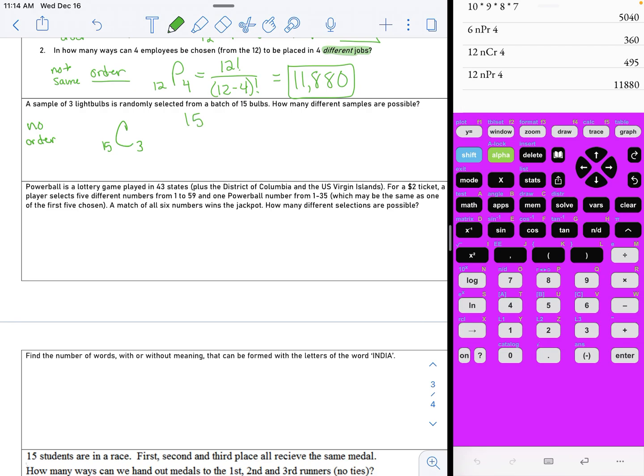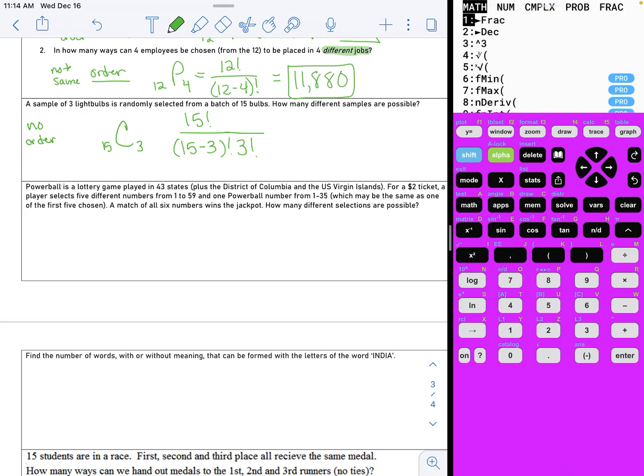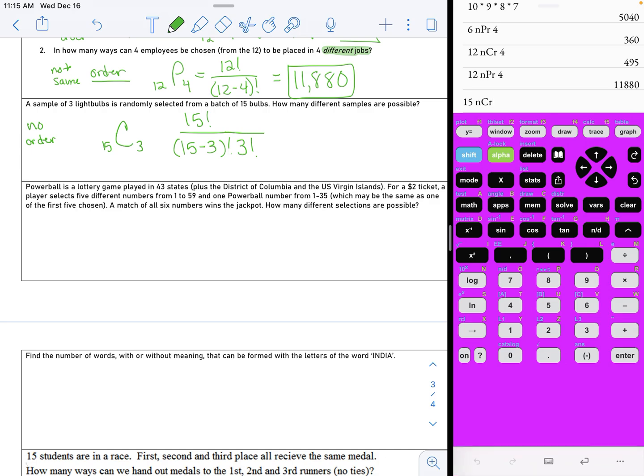So it'd be 15 factorial over 15 minus 3 factorial with the extra 3 factorial in the bottom, because combination does that. So 15 combination 3. So 455 different samples.